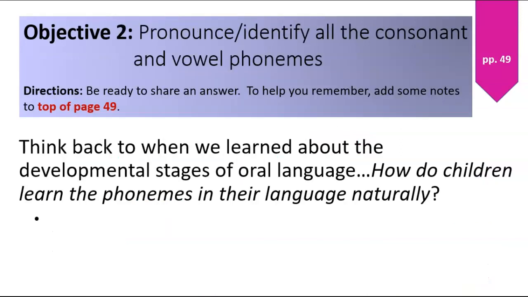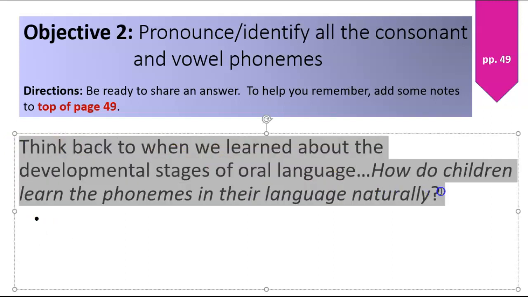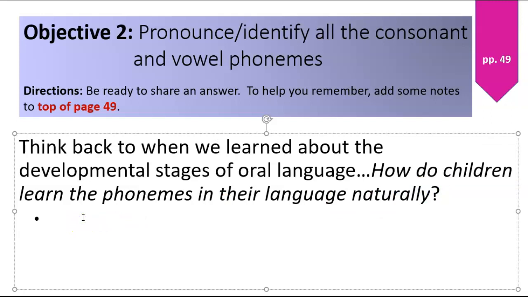Otherwise, pause. So now we're going to be talking about the second objective, which is pronouncing and identifying all the consonant and vowel phonemes. We're still on page 49. I'd like you to go back to thinking about oral language and the stages of oral language. It was kind of written across the top.